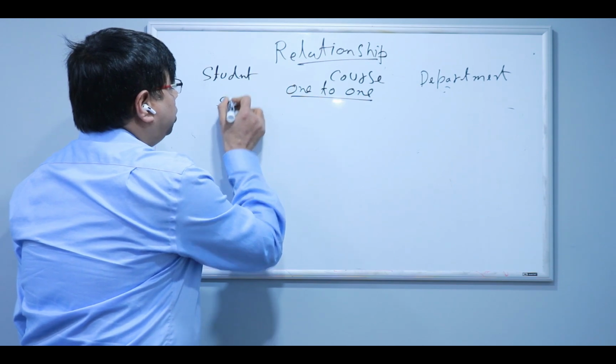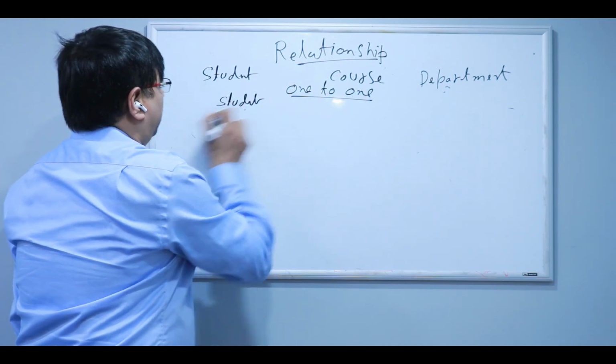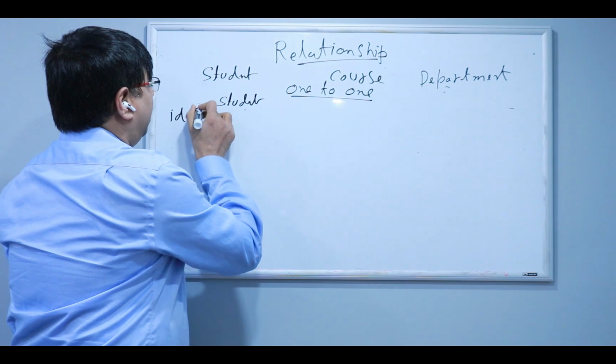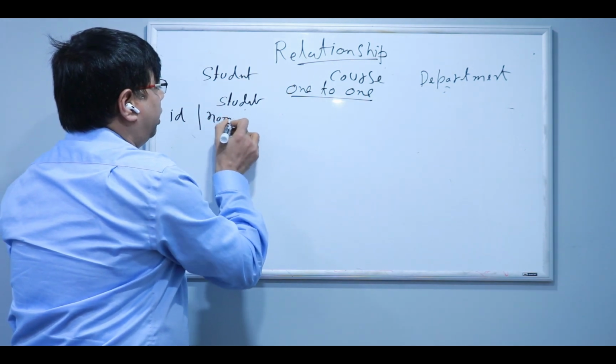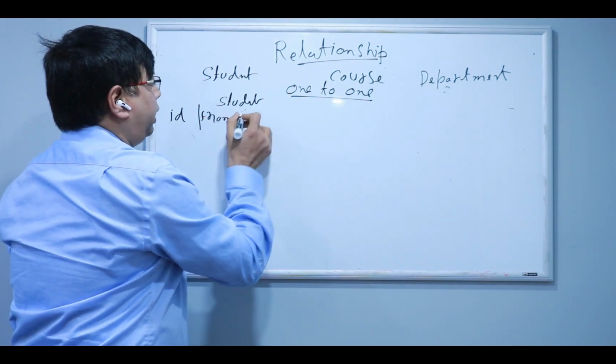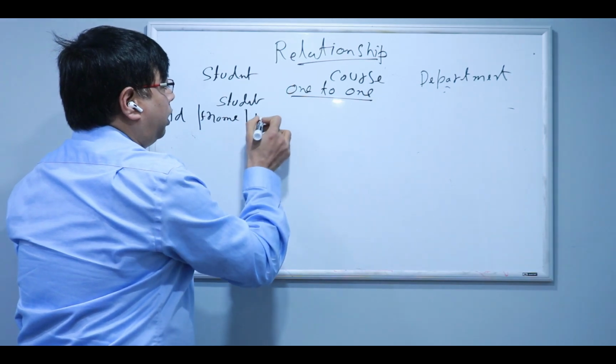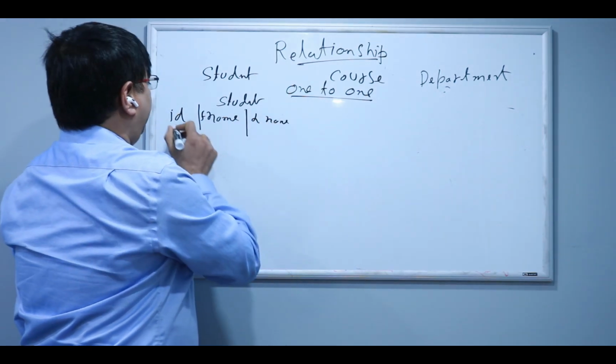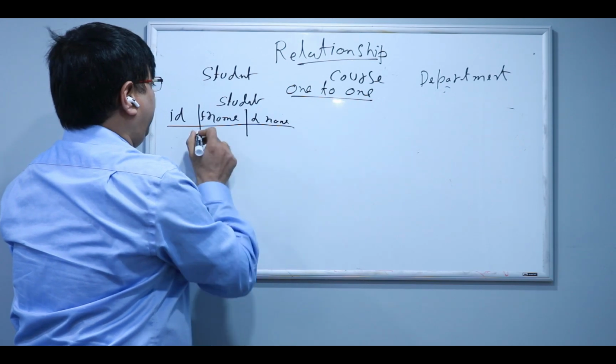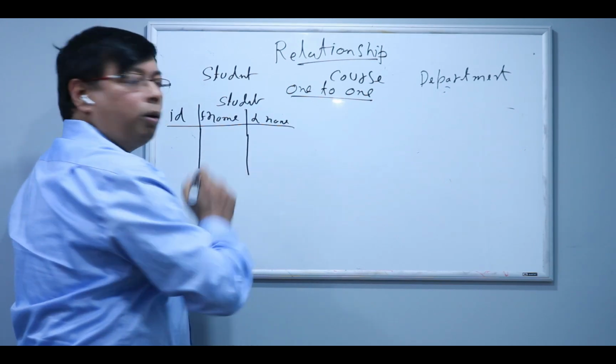So if I say student, ID, name, let's say first name, last name. Let's say these are the three fields I have for my student.